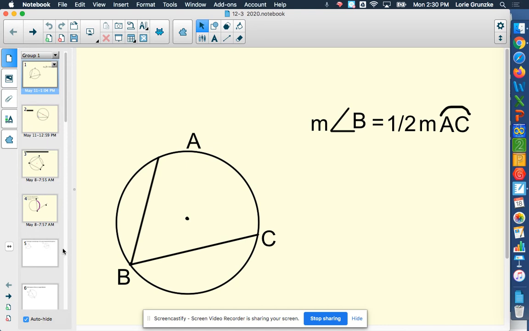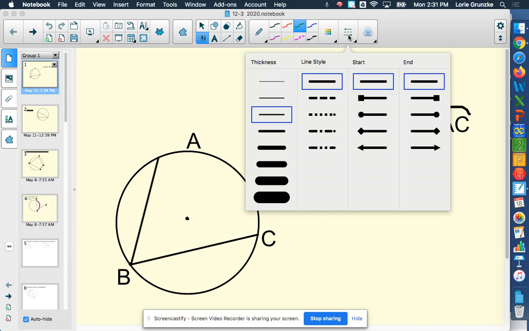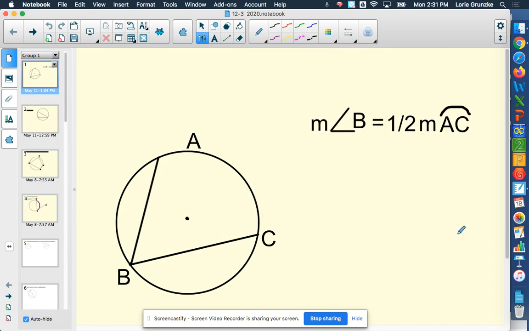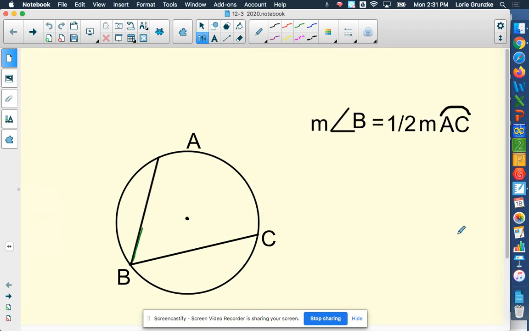So we're going to talk about circles and arcs and angles, and I'm just going to show you some things. So you see this first one. I have a circle, and there's an angle on it, and there's an arc. So angle B. Hopefully you know that's right here.